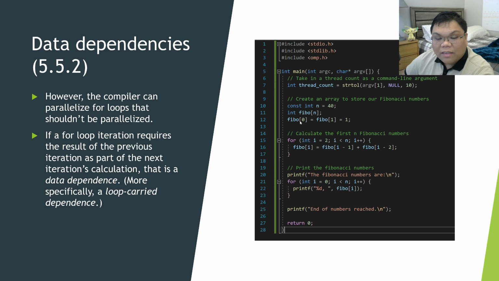We start with the Fibonacci numbers 1 and 1 for the 0th and 1st element. And then we have a for loop that calculates the next Fibonacci number after that. So 1 plus 1 is 2, 1 plus 2 is 3, 2 plus 3 is 5, 3 plus 5 is 8, 8 plus 5 is 13, and so on.